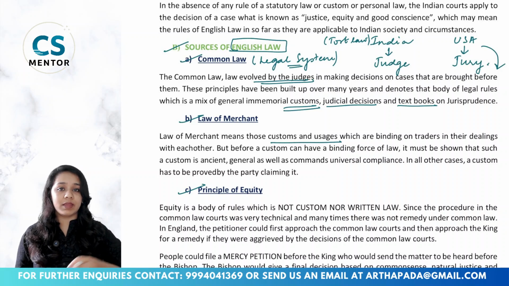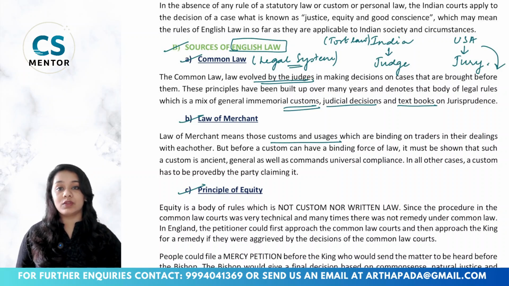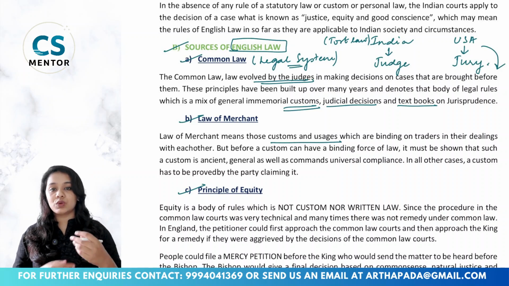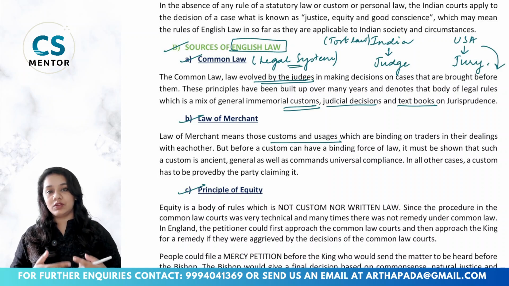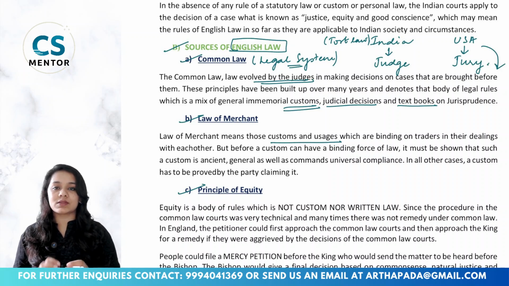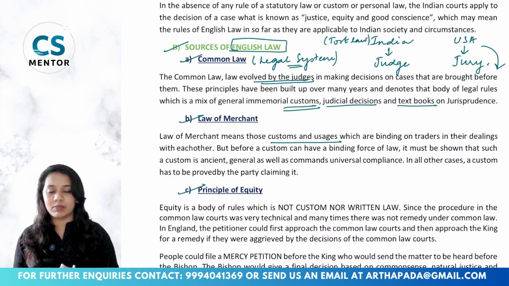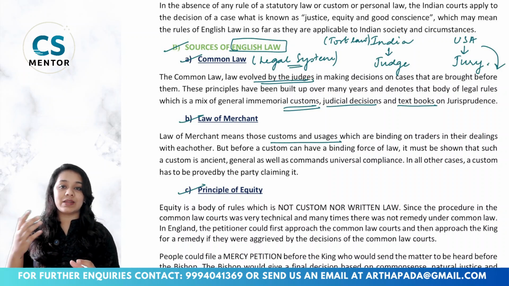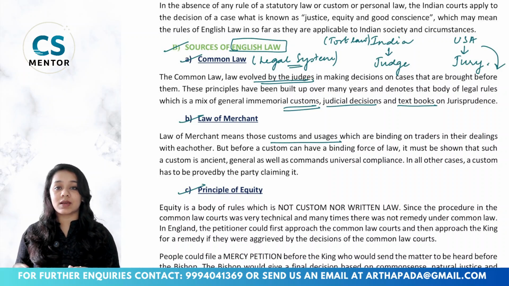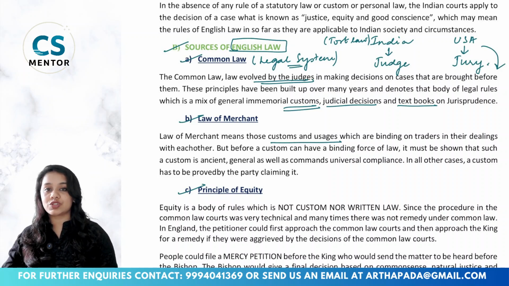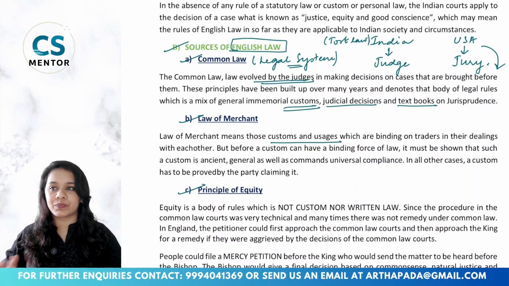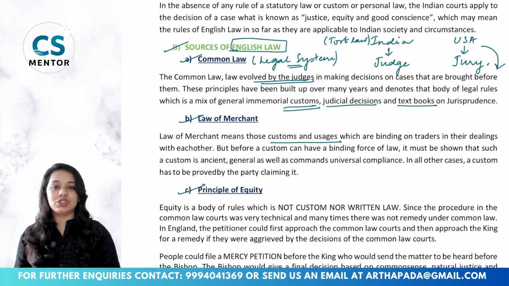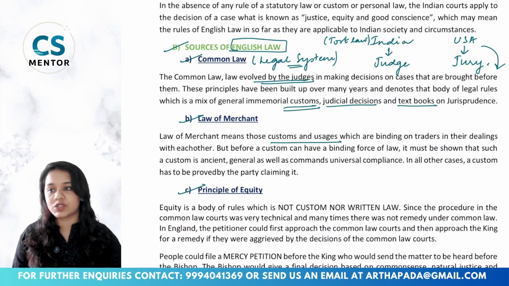Or once I make the payment, how do I have any guarantee that the goods are of good quality? So in trade dealings like this, many customs and usages have generally been created. So let's say, for example, if you are sending goods by ship, then it is customary to take out an insurance on the goods, because there's a sort of danger in sending goods through sea, because if the boat capsizes, then your goods are lost.